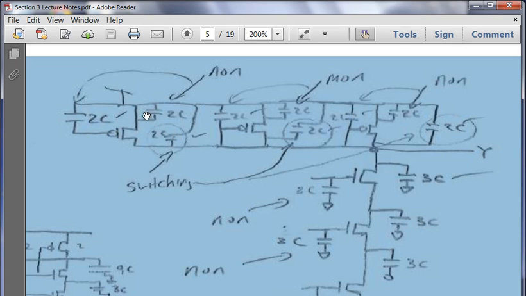Again, this is a switching one, because you can see this one here and this one here apply to the output. So it's going to become 2, 4, and 6. And then the only capacitor from the NMOS that's going to be on the output is this one here. So your output capacitance is going to be 9C.